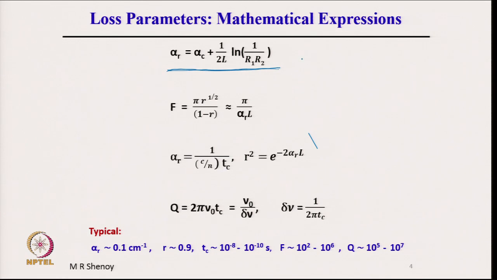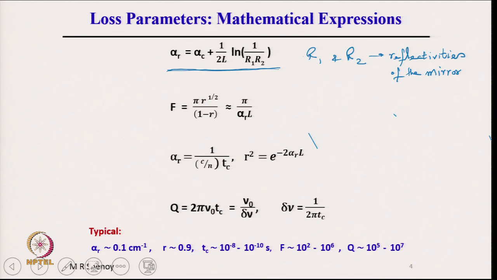R1 and R2 are the reflectivities, the energy reflectivities, of the mirrors. If there are 2 mirrors, then R1 and R2 are the reflectivities of the mirrors. F is the finesse, we have already defined this.